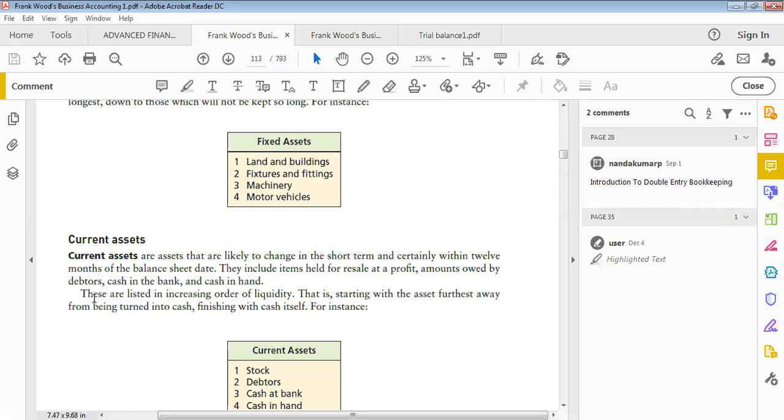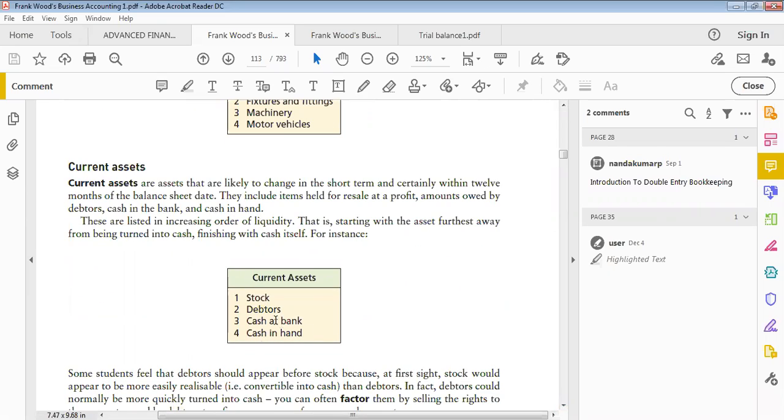These are listed in increasing order of liquidity. That is, starting with the asset furthest away from being turned into cash, finishing with cash itself. For instance, you have stock, then debtors, then cash at bank, then cash in hand.